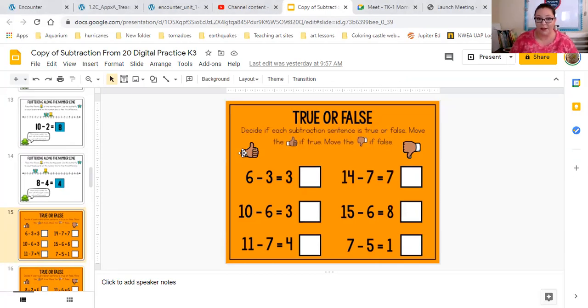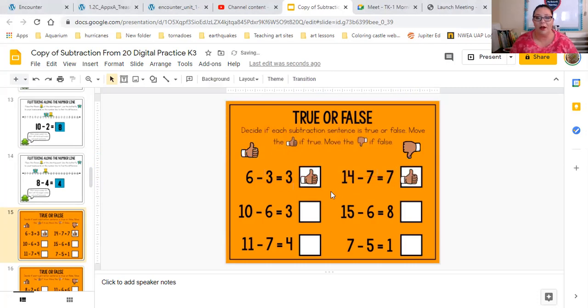Oh, yeah, 6 minus 3 is 3. So there's our thumbs up. Awesome. What about 14 minus 7 equals 7? Well, I remember, and I hope you do too, that 7 plus 7 equals 14. That's a doubles fact. So if we take away 7 from that 14, we would be left with 7.